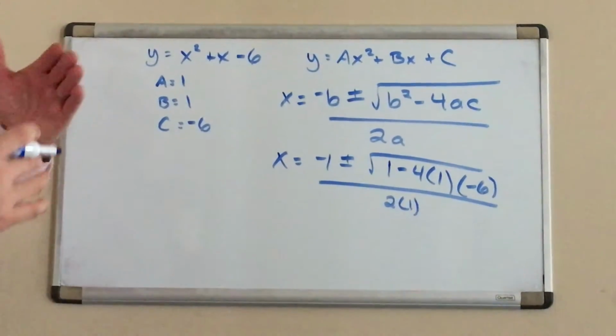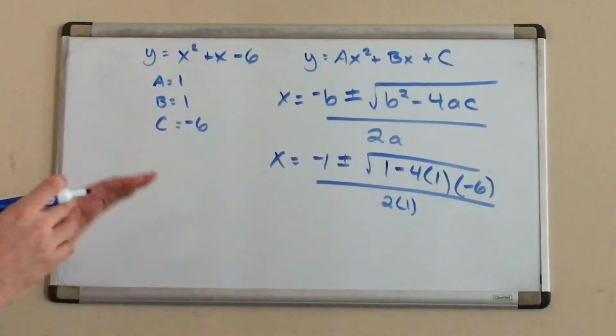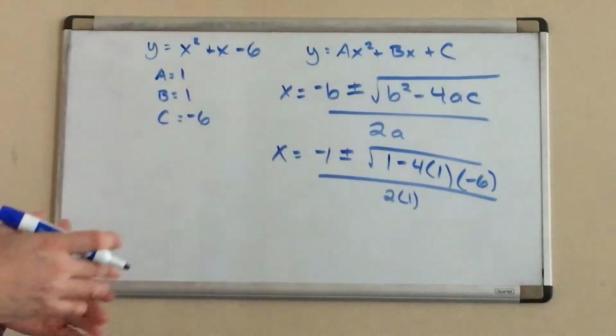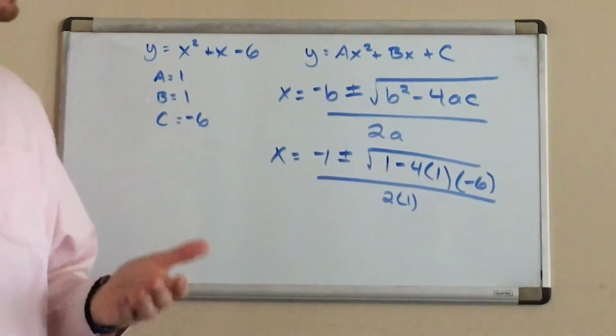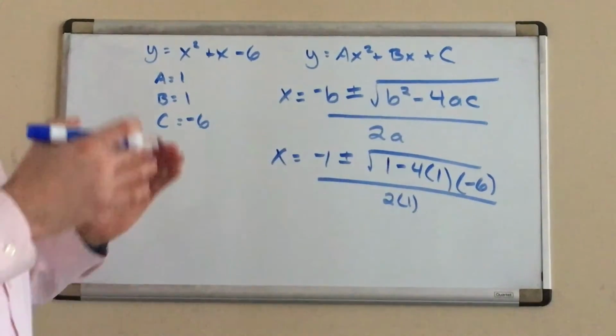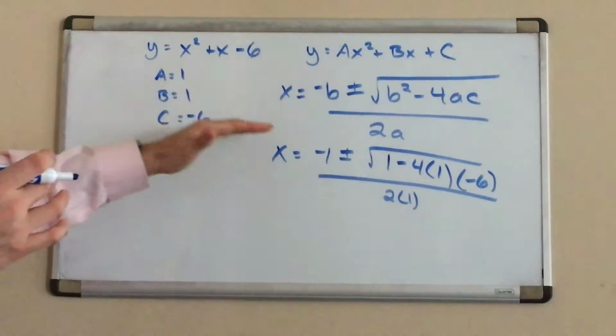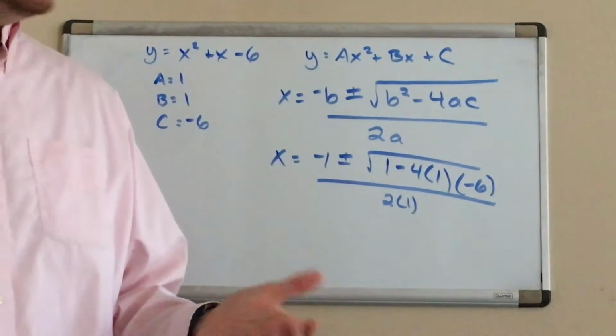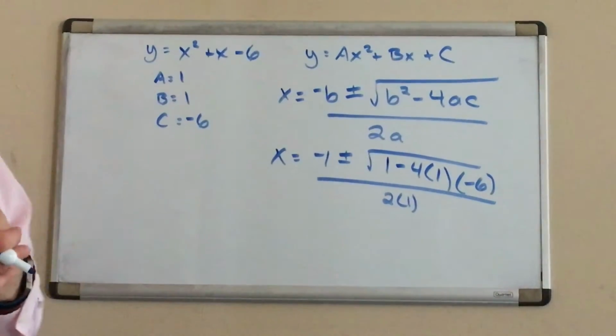Now, please note, all I simply did was plug in exactly what our values are. When you're solving problems using the quadratic formula, it's best to show as much work as possible to keep things simple. It will take up more room on your page, but it ensures that you're going to be correct.